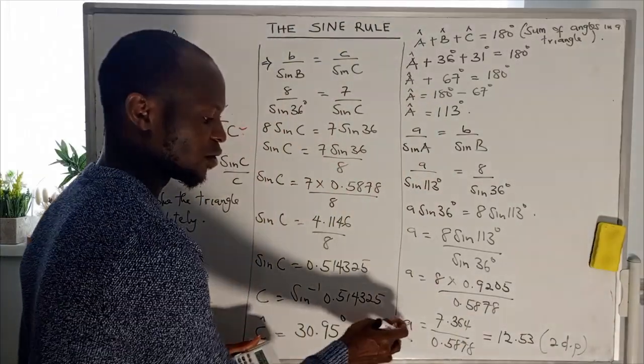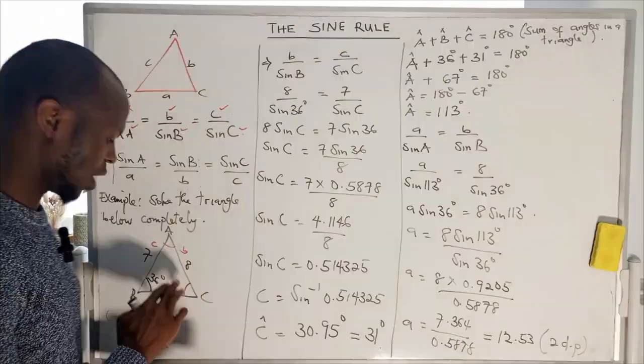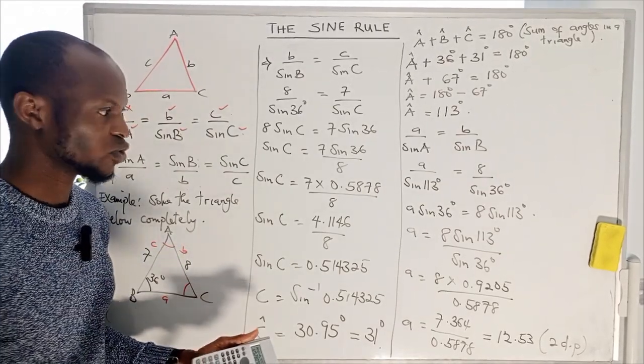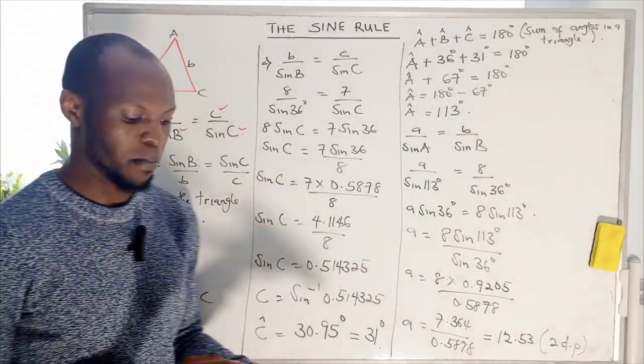That is your side A. So if you check, I know all the 3 sides and all the 3 angles, so I have solved that triangle completely.